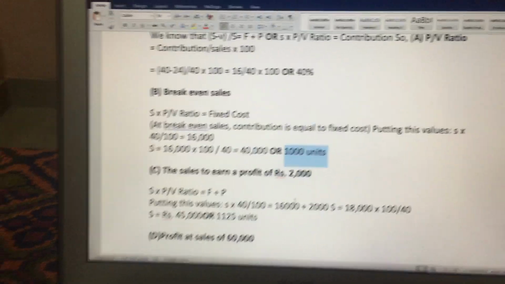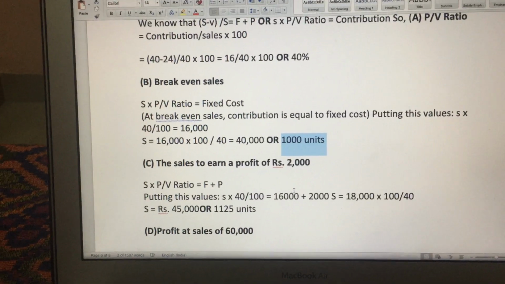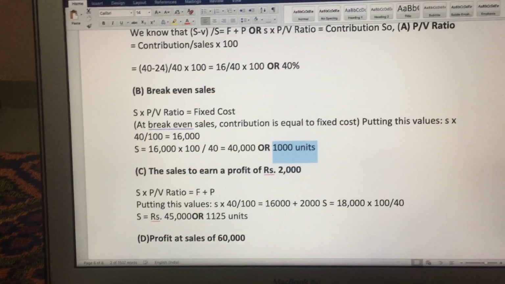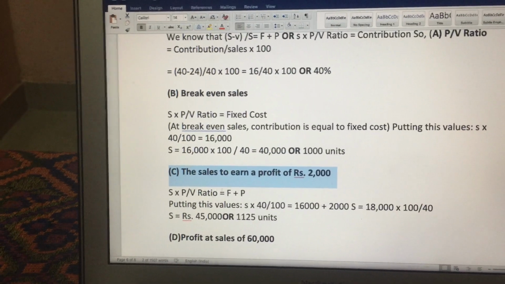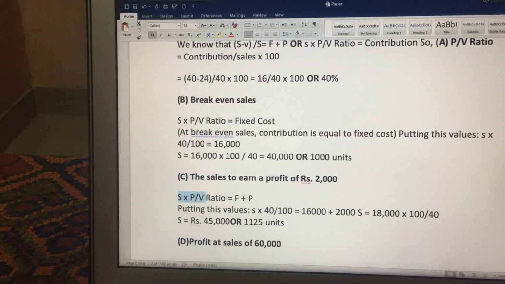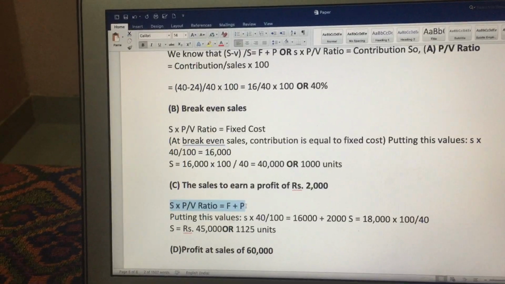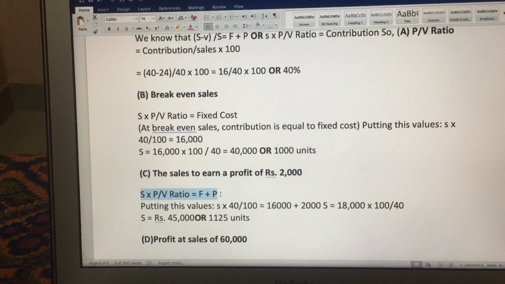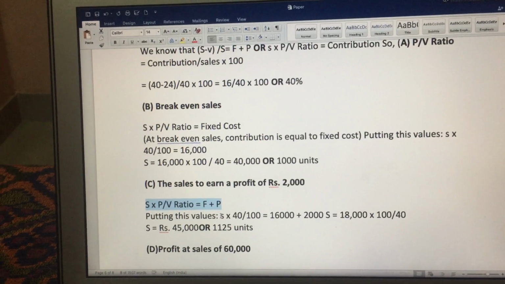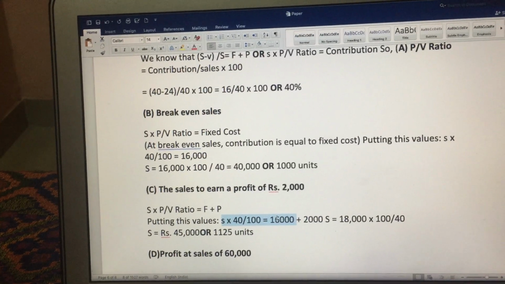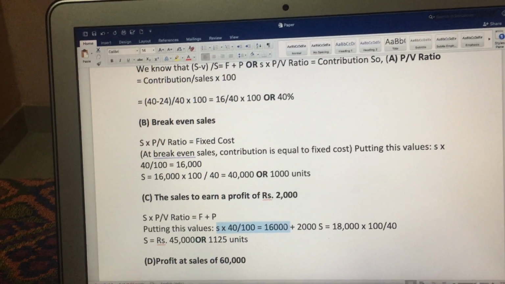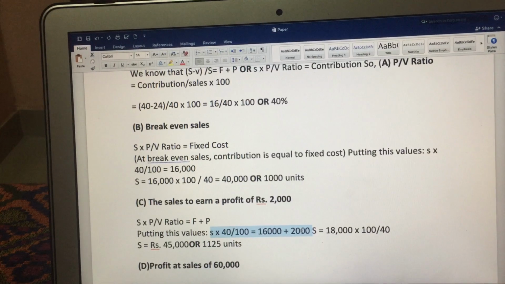The next thing is that we are required to find out the sales to earn a profit of rupees 2,000, the C part. So in C part, we are using this formula, sales into PV ratio is equal to fixed cost plus profit. Sales we are required to find out, PV ratio we have, fixed cost is 16,000, and profit is also given, 2,000.